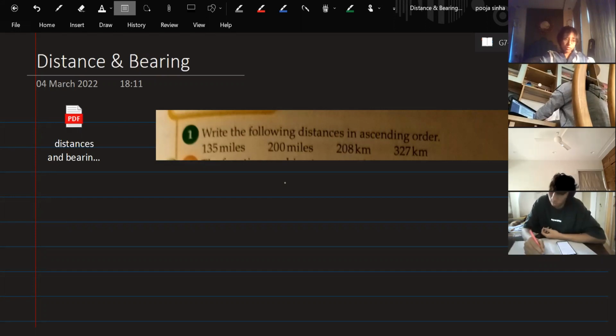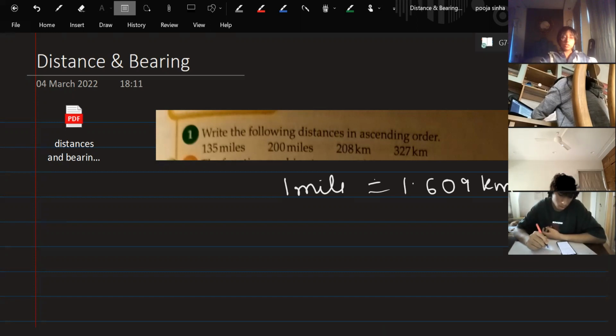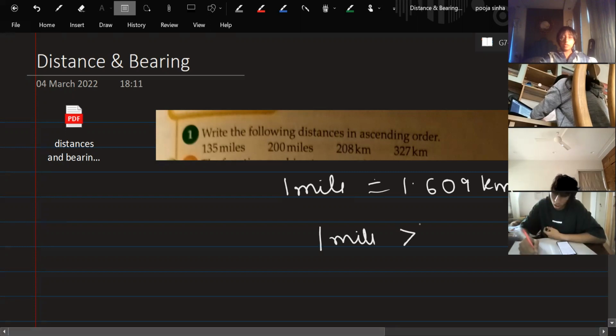Which is a smaller unit and which one is a bigger unit? 1 mile is equal to 1.609 kilometers, right? If I say I have covered a mile and I say I have covered 1 kilometer, which is bigger? Mile. 1 mile is greater than 1 kilometer, right?